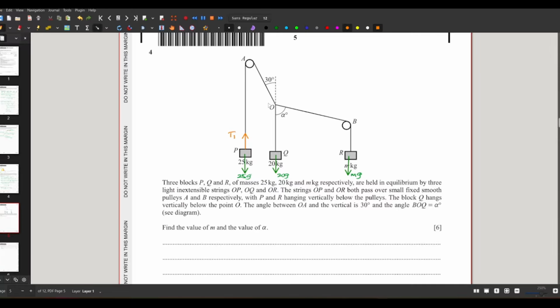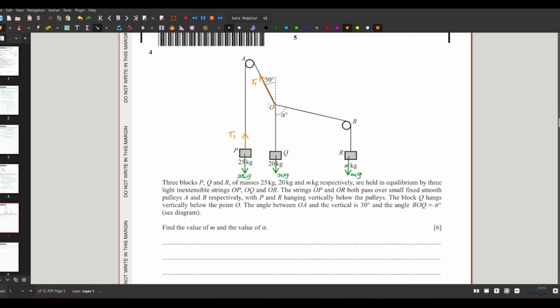So in that case, it's a tension, so the force should be in this way, right? The tension of this string should be in this way since it's a tension. So this value should be T1.